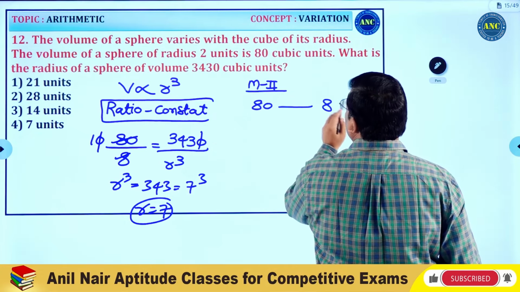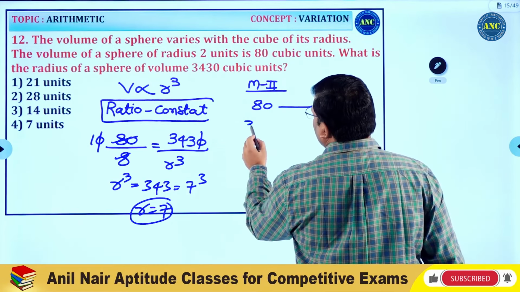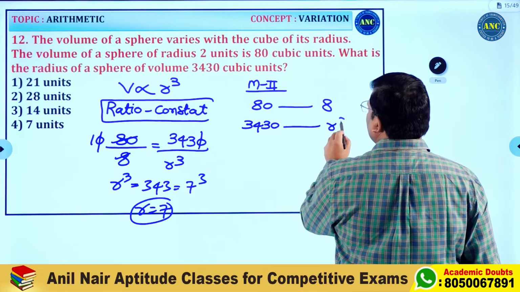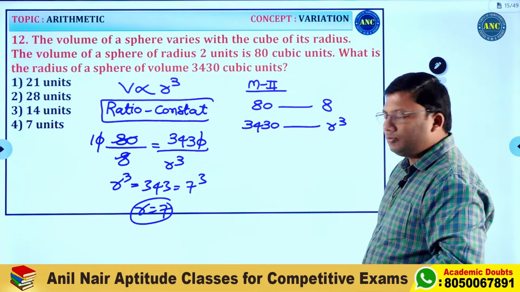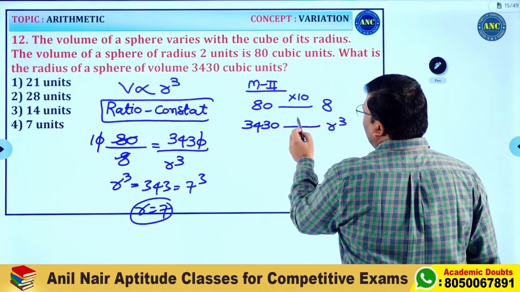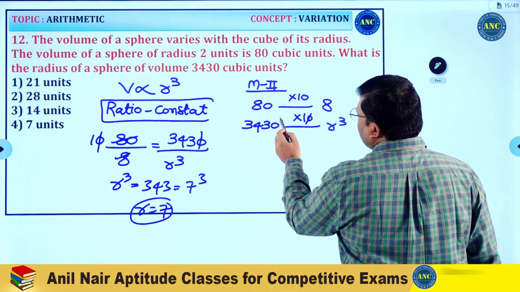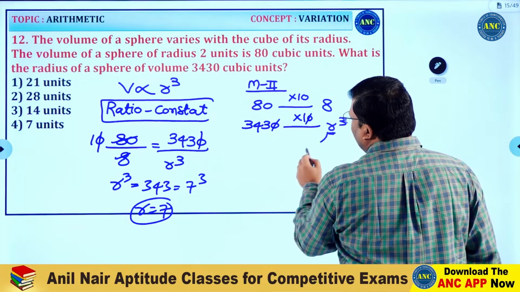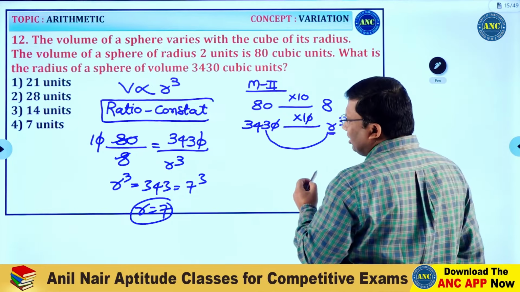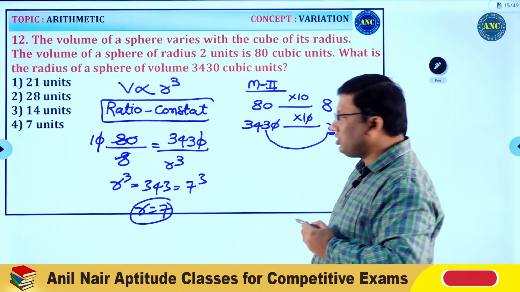80 is proportional to 2 cube 8. 3430 is proportional to R cube. So here 8 tens are 80, R cube into 10, 0 0 cancel. Which number on cube will I get 3? 7 cube, it is 3. Answer rightmost non-zero digit.